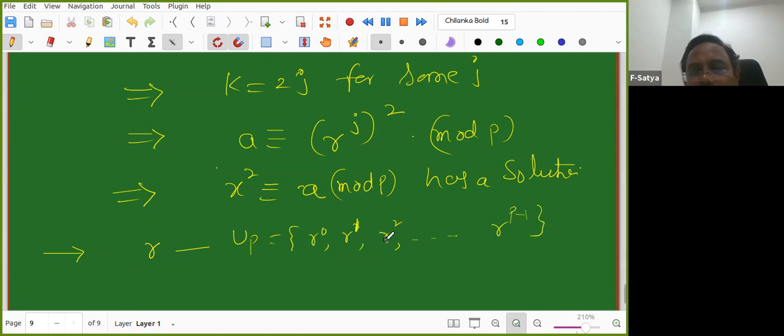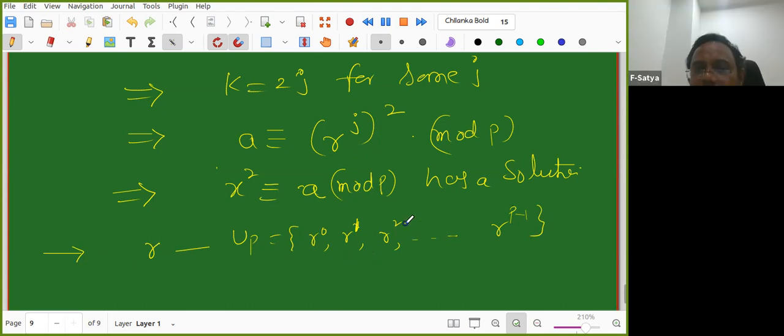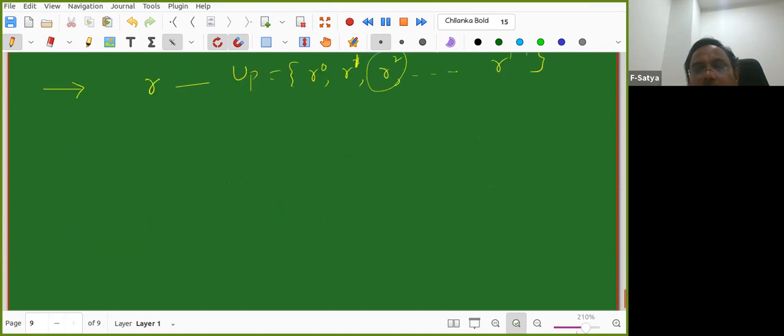So how many of them are even exponents, and how many are odd exponents? (p-1)/2 are even, and they are the squares already. So they are the quadratic residues. So it's another approach to find the quadratic residues: with a primitive root, an even power gives a quadratic residue, otherwise a quadratic non-residue. Done.